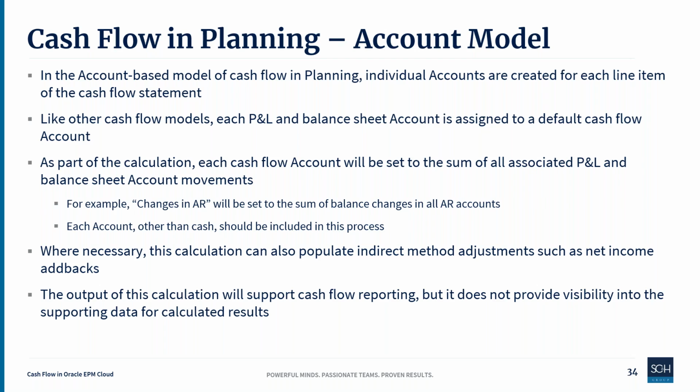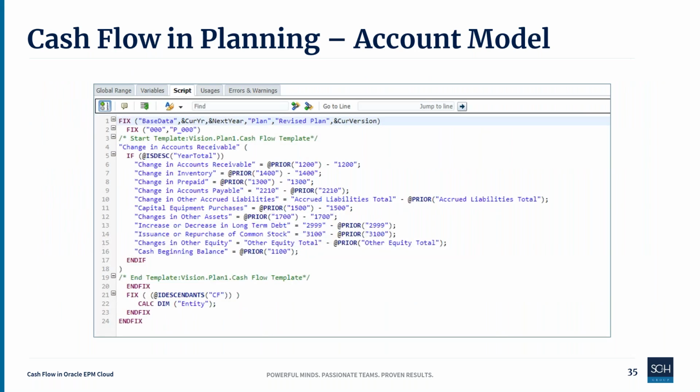You'll just see that cash flow output, which again will get you the reporting you need, which in a lot of cases is what people are really looking for. And you can see here what a calculation looks like, where it's basically every single account, the change in accounts receivable account, for example, is equal to the change in balance from the prior month to the current month for the AR accounts, all the way up and down there.